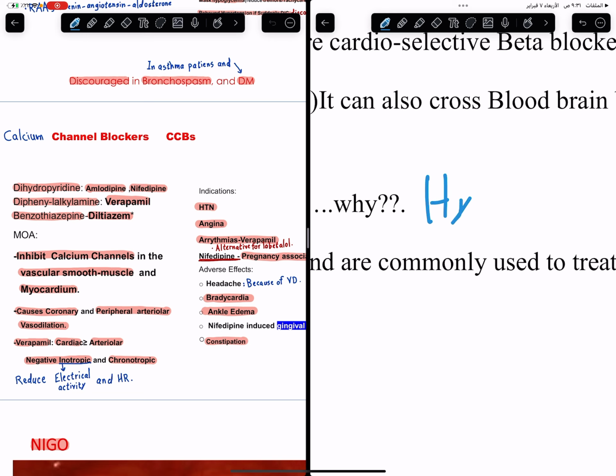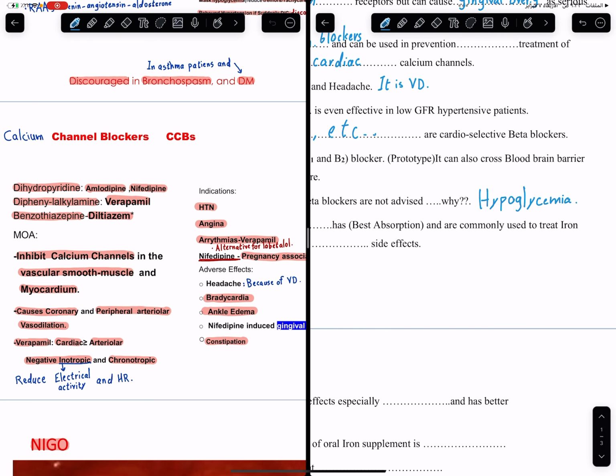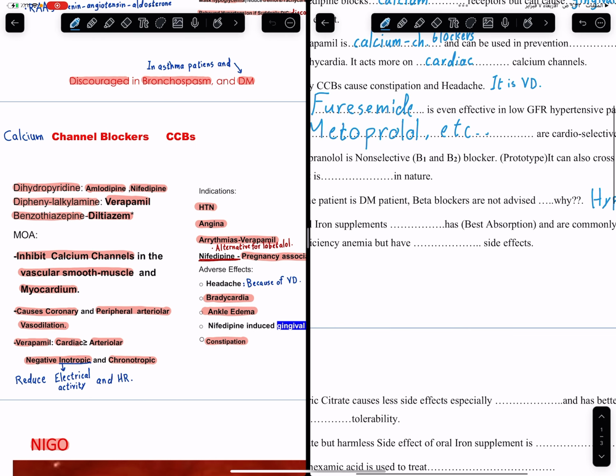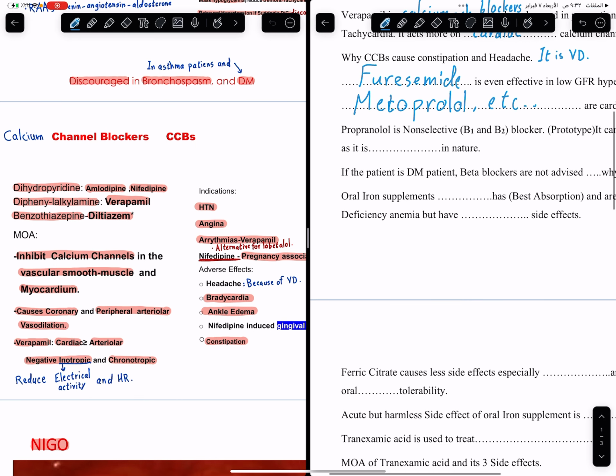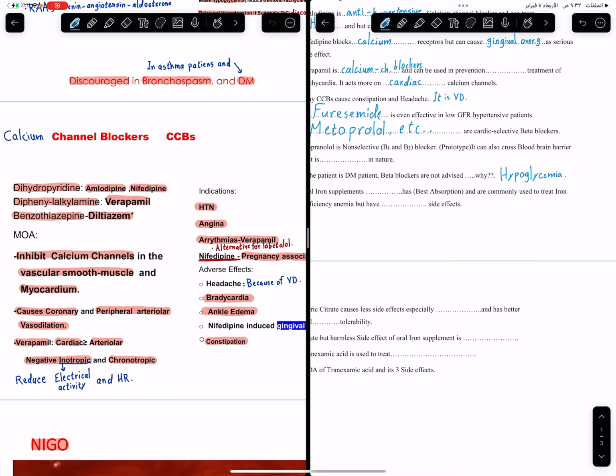What does mask mean? Mask means that the patient doesn't know that he is suffering from hypoglycemia. Although the blood sugar level is down, he still does not realize. Why? Because for realizing, beta receptors have to be stimulated, and they are not stimulated. Adrenaline stimulates beta receptors, and we block that with these drugs.